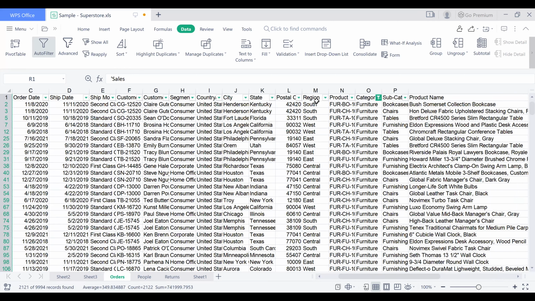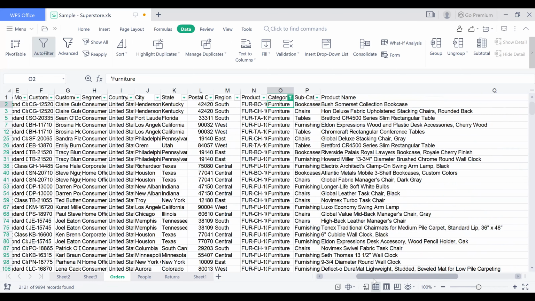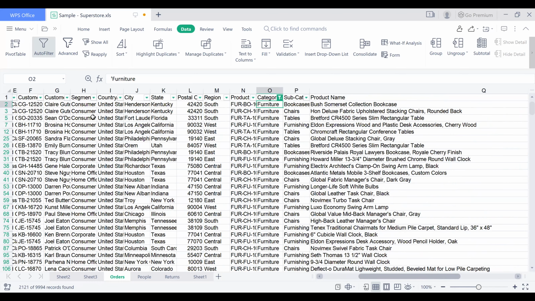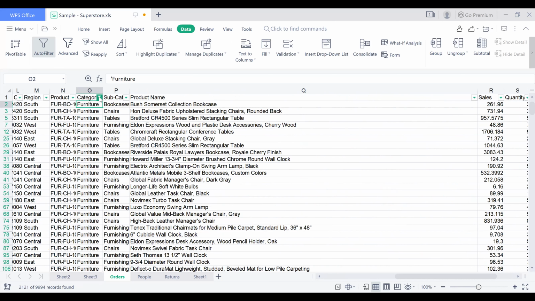What it will consider is the category furniture, only the furniture data, and sum it up. So in the category, I've applied the filter only for the furniture and it gave me the sum of sales. And that sum of sales is coming up around 741,999.